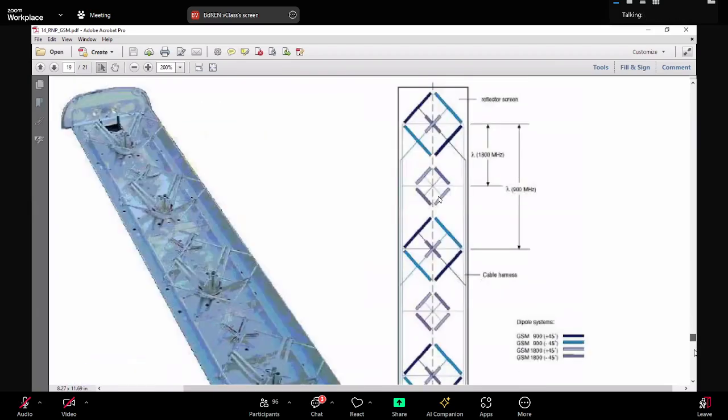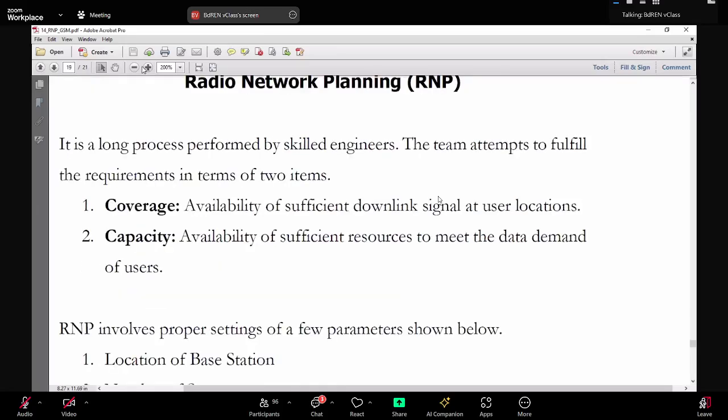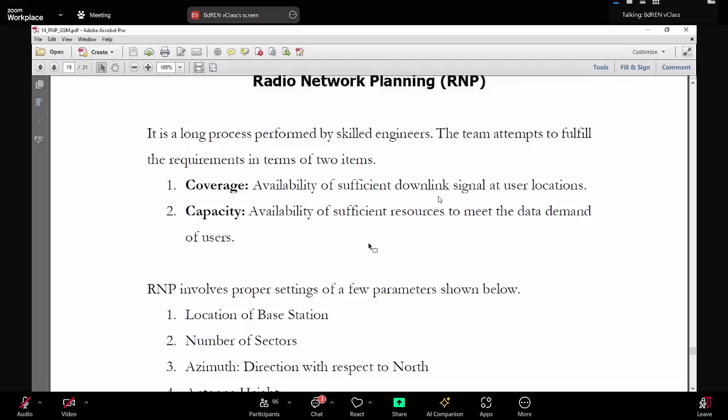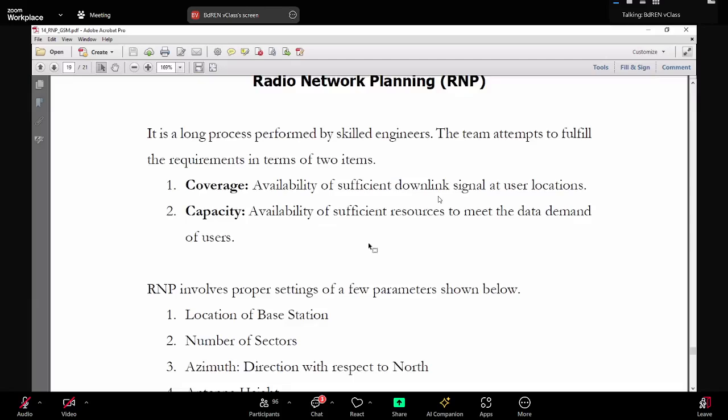Okay. Now, let's discuss how you may work on the radio network planning for a cellular network. The term radio network planning (RNP) is a very common term in the cellular world.